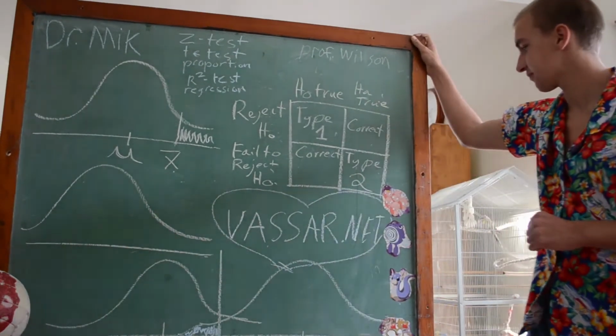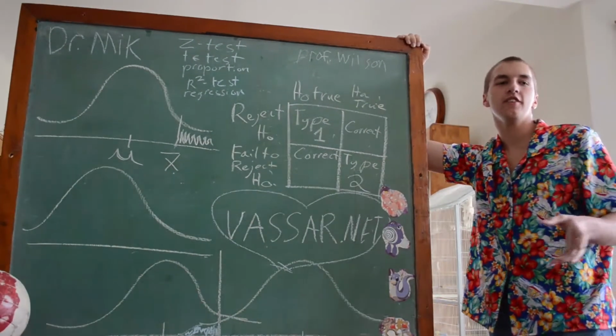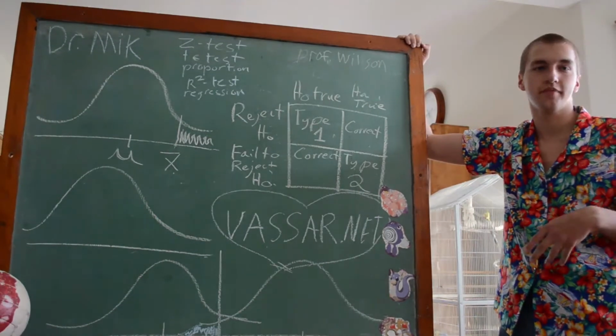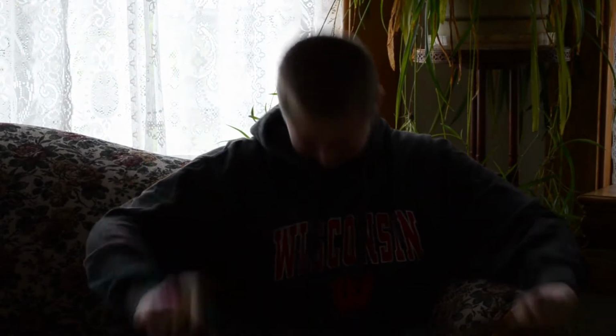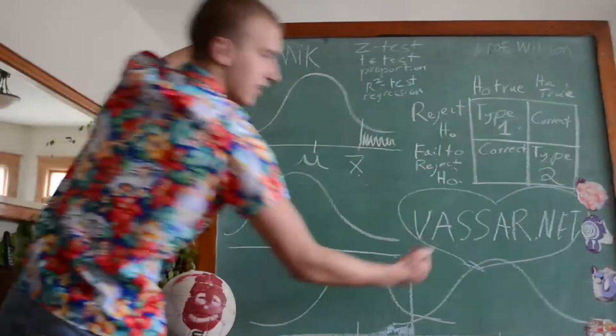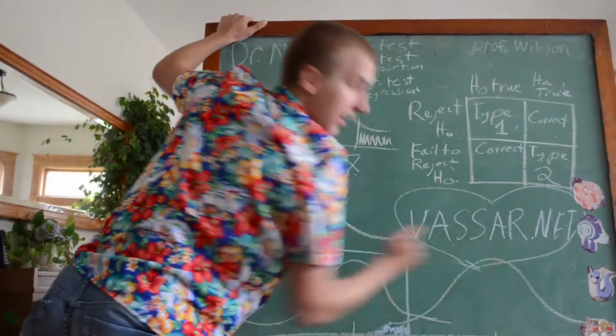Okay. Now, different types of tests, you would think that there would be different types of type 1 and type 2 error. But in our travels, at the great Vassar.net, any questions, refer to them.